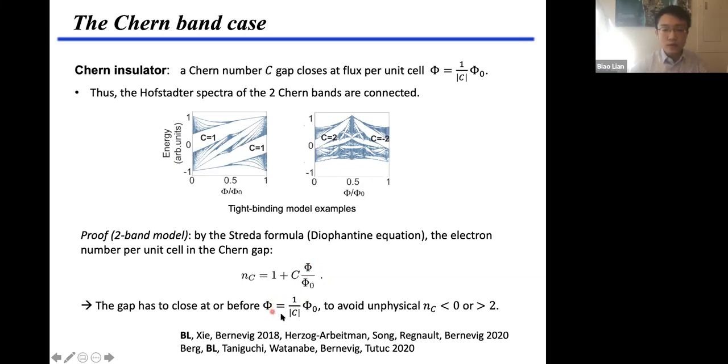As one can easily see, at the flux 1/C, this number of electrons per unit cell would reach either 2 or 0, depending on the sign of C. So suppose the gap is not closing, and one further increases the magnetic field, one would obtain an electron number which is either negative or bigger than 2, which doesn't make sense. So this guarantees that the gap has to close at or before this flux 1/C.